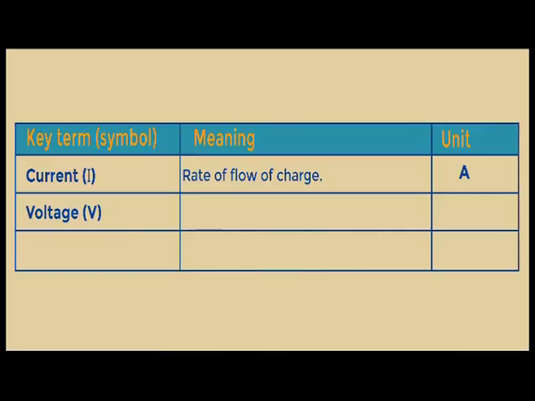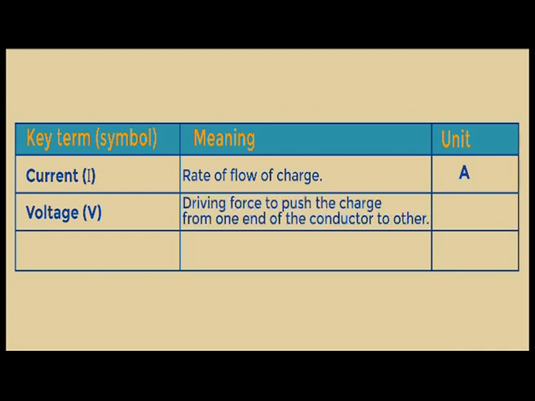By this time you must already be recapitulating something that you have learned in your lower classes. Voltage is the driving force or potential difference between two terminals of a battery, and it is represented by the symbol V. In some textbooks, it is also called EMF, electromotive force. To measure voltage, we use a unit called volt, and it is also represented by the symbol V.